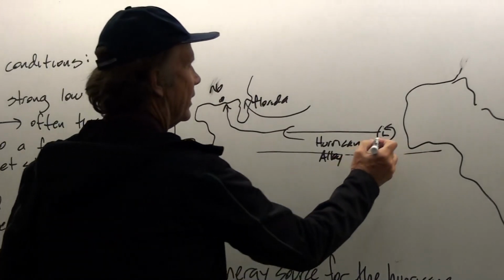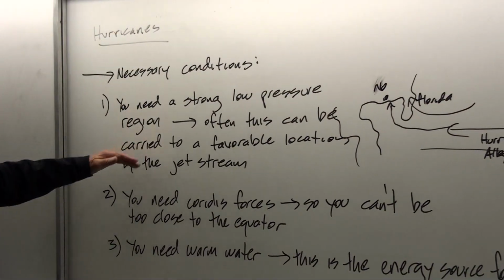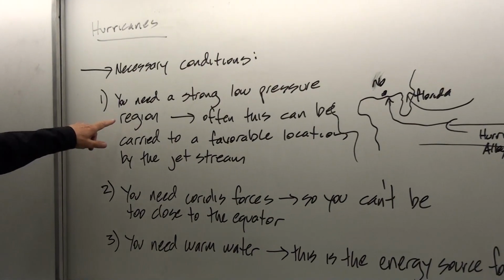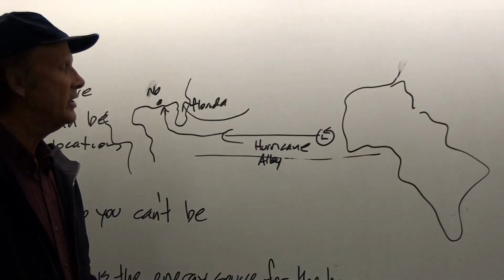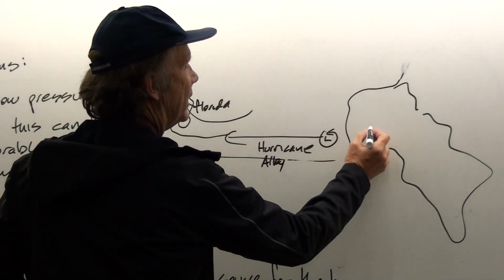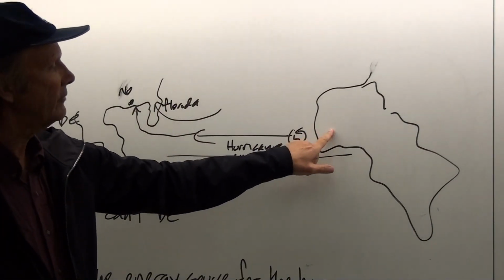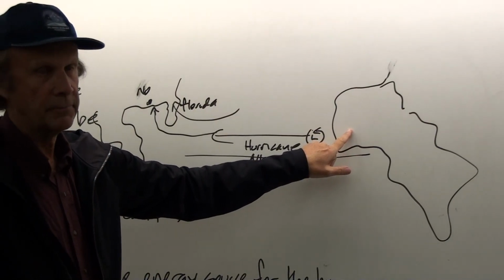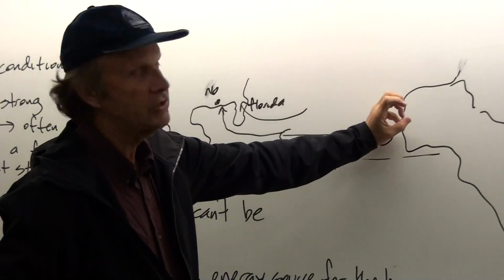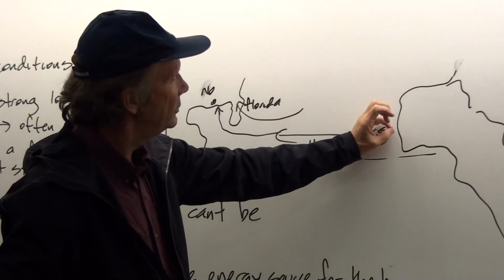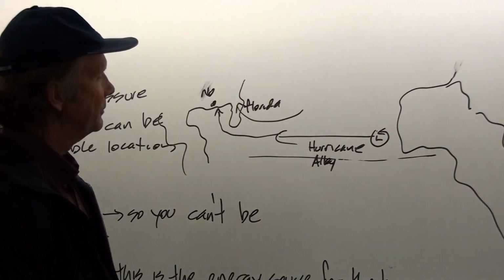Okay? And so the necessary conditions for a hurricane are you need a strong low pressure region. And so how do you get this low pressure region? Well, that low pressure region can come from superheated air that is aloft over the Sahara Desert. Or it could be carried by the jet stream to this location from the west.